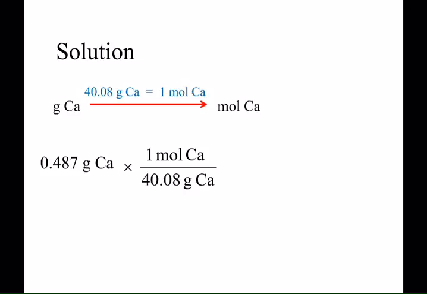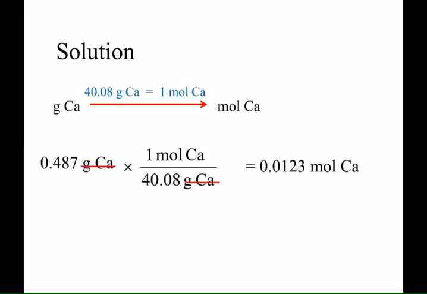Now, how do we need to round this? How many sig figs? There is uncertainty brought by this term, and there is also uncertainty brought by this term. So we need to round according to 3 sig figs. So I get 0.0123 moles of calcium.